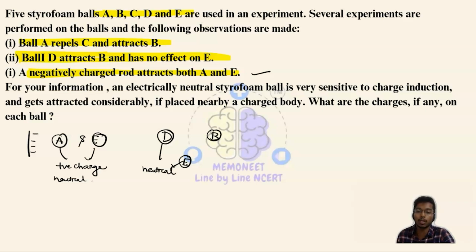If it were positively charged, then it would induce negative charge and they would attract, or vice versa. As these both have no effect when kept closer, these two will be neutral bodies.